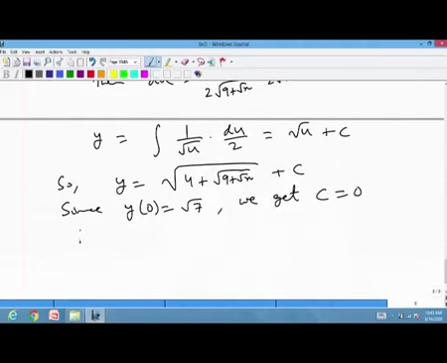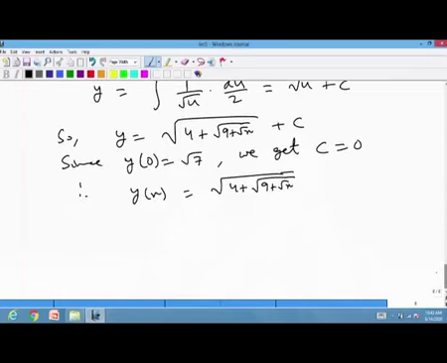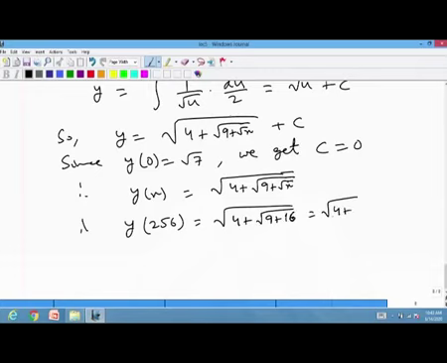So, therefore, y at x is equal to square root of 4 plus square root 9 plus root x, and now we can easily calculate y at 256 will be equal to square root of 4 plus square root 9 plus square root of 256 will give 16, and then this becomes square root of 4 plus 9 plus 16 is 25, square root gives 5, and this gives square root of 9, which is 3. So, that is the answer.